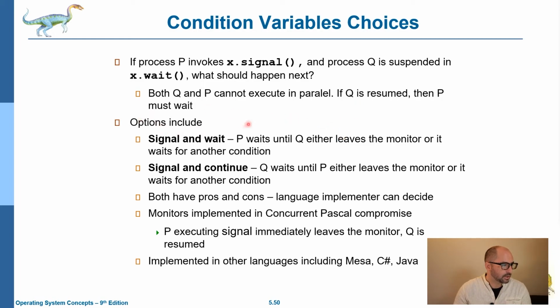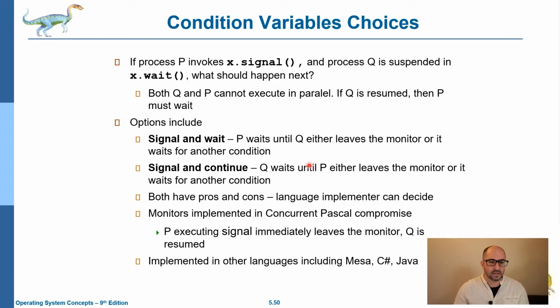So signal and wait is one approach, and that says that P waits until Q leaves the monitor or waits for another condition. Signal and continue is that Q would wait until P leaves the monitor or another wait condition.